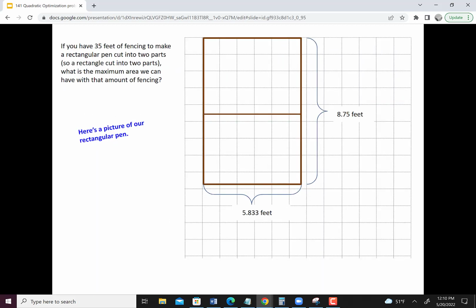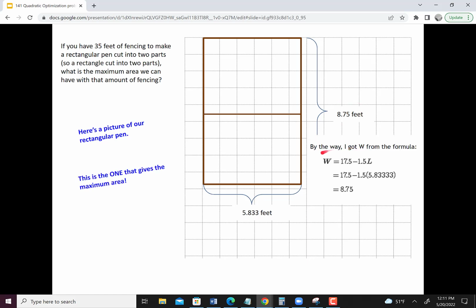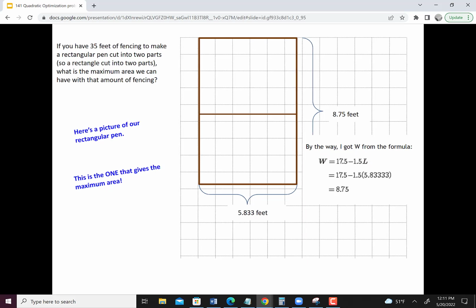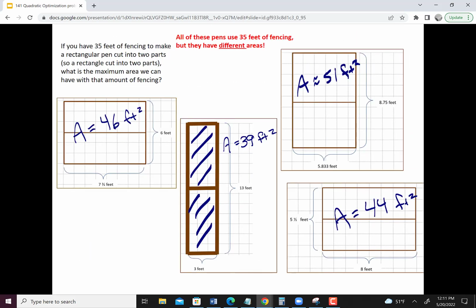And here's the picture of our pen. By the way, where did I get this 8.75? It came from, if you remember, we found out that W was 17.5 minus 1.5 L. I just plugged in my L to that formula. And that is the one that gives the maximum area. We know out of the infinite possibilities, this is the one that gives you the maximum area.